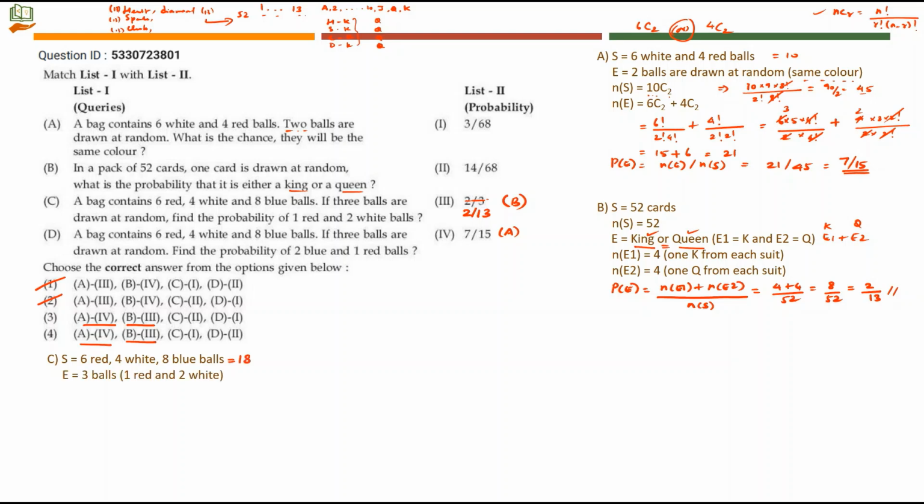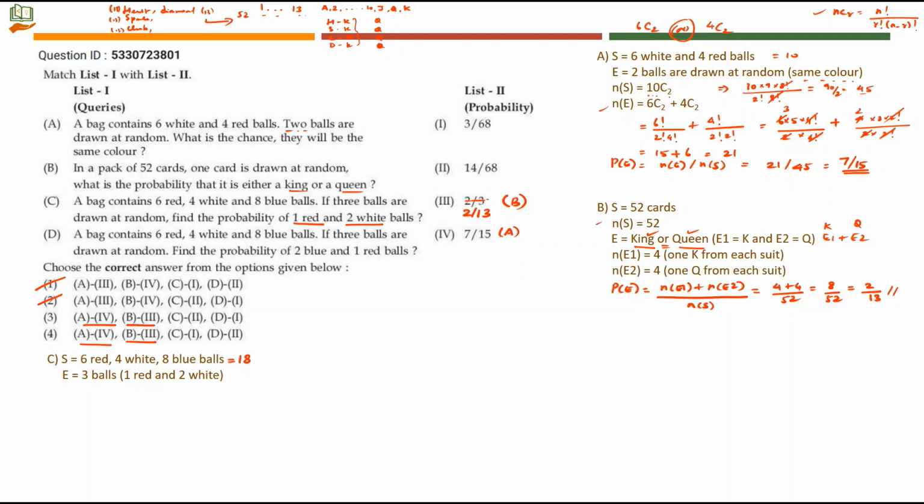Now the event is to pick 3 balls at random and they have given one should be red and the other 2 should be white. So 1 red and 2 white. They have not given like something or something. It is something and something. So in this case, we will not use plus like A and B. We have to use multiplication is what I am trying to tell you.